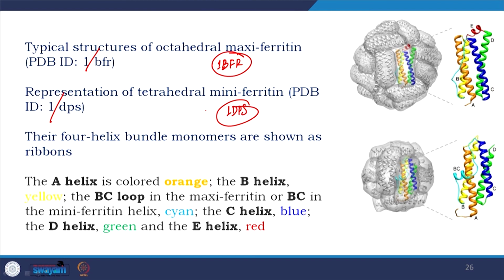If you see here, the A helix is orange, the B helix is yellow, the BC loop in maxiferritin is cyan. Here you see the BC is a kind of 3-10 helix, the C helix is blue, the D helix is green and the E helix is red, which is present in maxiferritin.